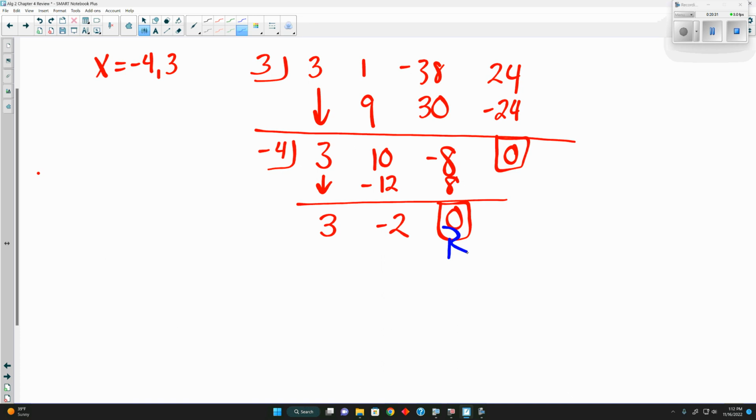This is our remainder. Negative 2 is our term without x, and 3 is our term with x. So we have 3x.